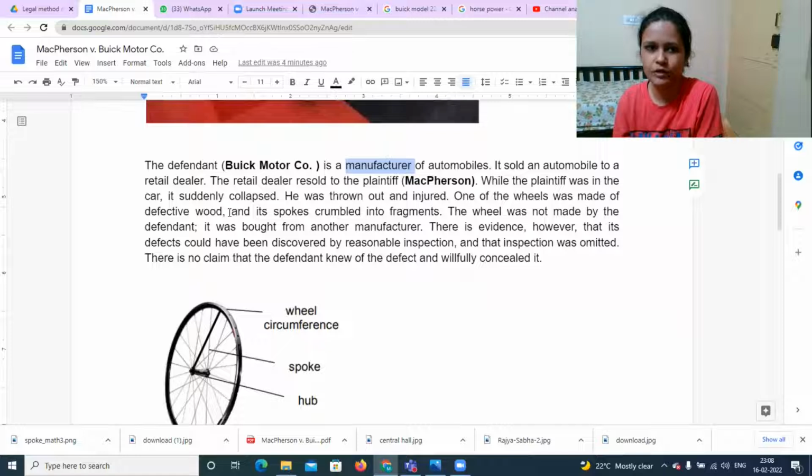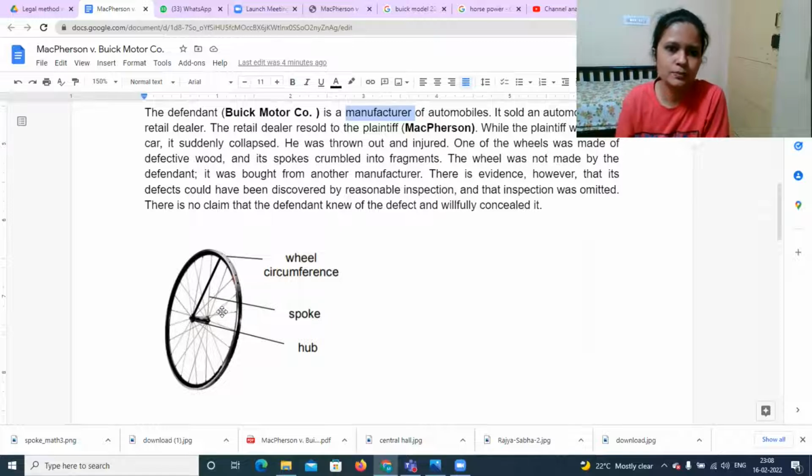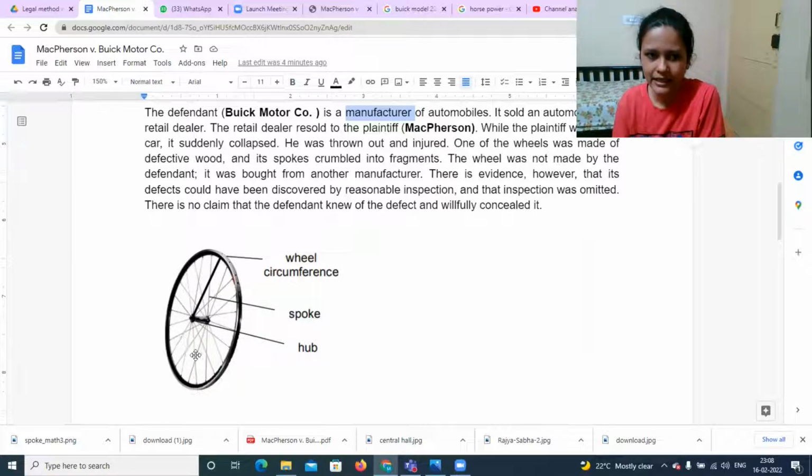While the plaintiff was in the car, it suddenly collapsed and he was thrown out and injured. Basically what happened, right? These are the wheels that we see in a vehicle, and the spokes. These parts collapsed and just separated. It all broke down into tiny pieces.